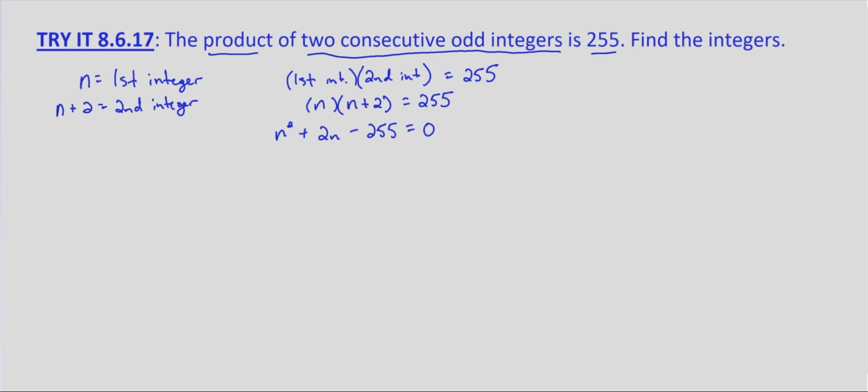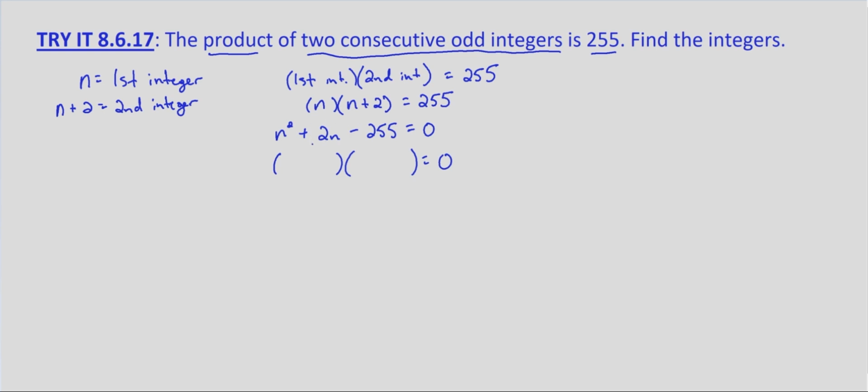So since we have a leading coefficient of 1, we're wanting to know what two numbers multiply to negative 255 but add to 2. Well, if we look at the factors of 255, if you write out the factorization of 255, we'll see that 17 and 15 multiply to 255.